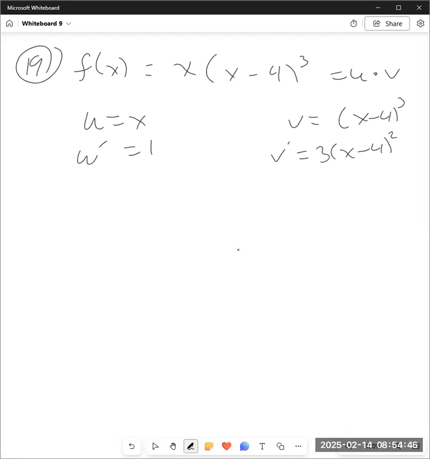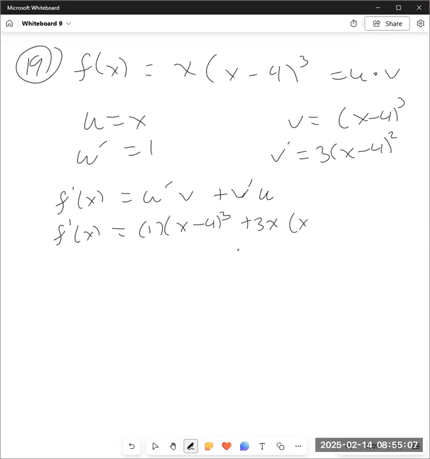I won't worry about that. F prime of x is u prime v plus v prime u. And so f prime of x is equal to 1 times x minus 4 to the third plus 3x times x minus 4 to the second.